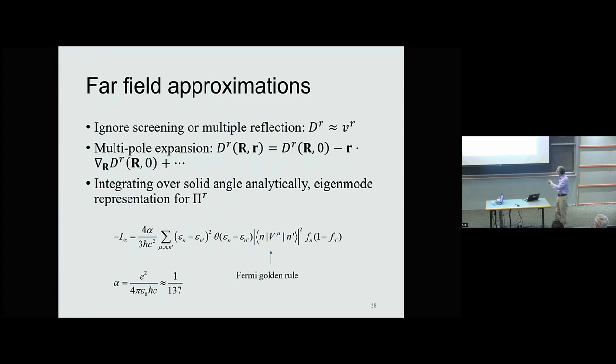Then I also do the multipole expansion, meaning that because my system is very small, I expand around R equals 0. So I have this monopole, dipole, and so on. If I take a small cluster of molecules, I get a formula, and it turns out that this formula is the same as the Fermi golden rule. If you do the Fermi golden rule, you get the exact same formula.